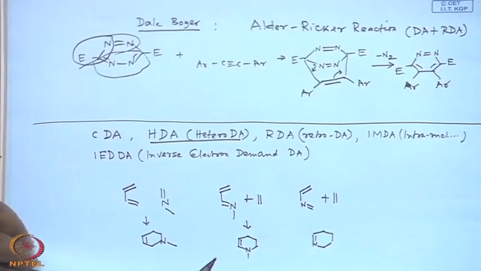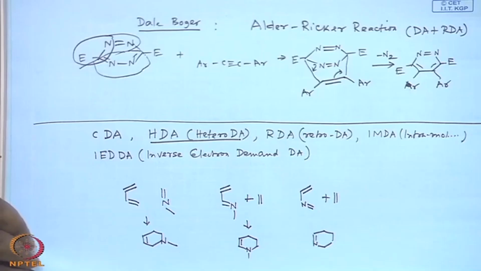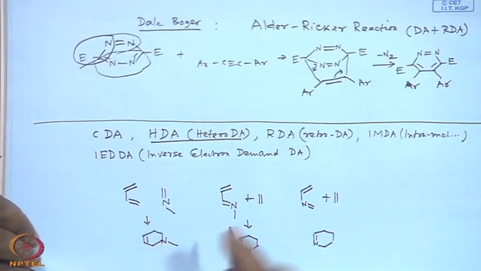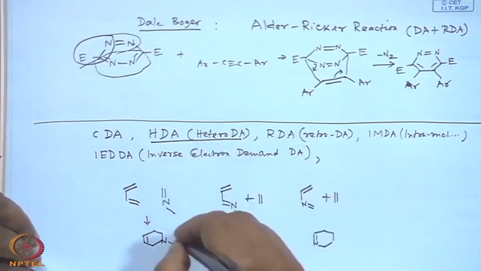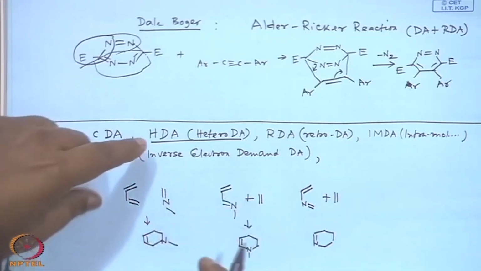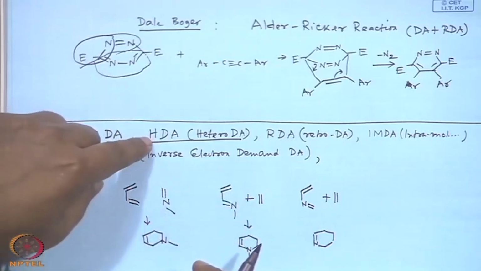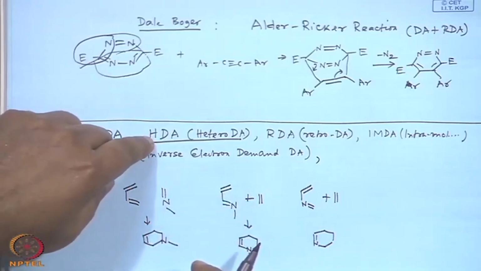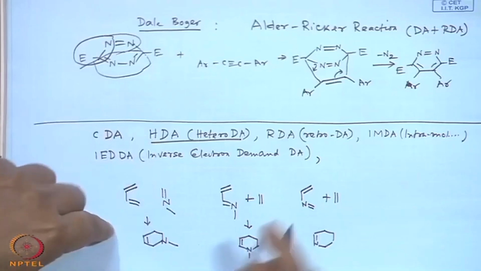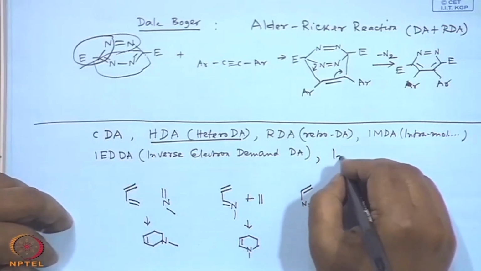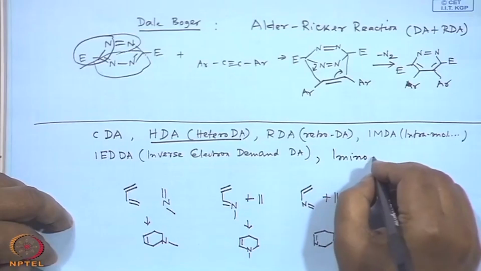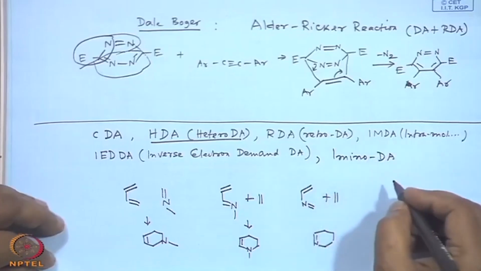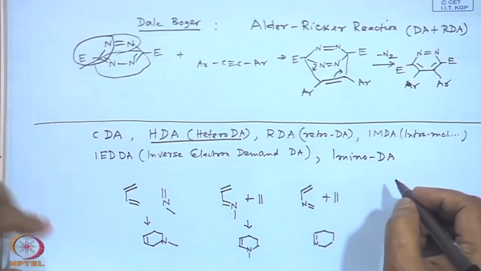Any guess what could be the problems? You have to be sufficiently knowledgeable about this chemistry. This is basically a class belonging to HDA, hetero Diels-Alder, but it has a name also, known as imino Diels-Alder. Imino Diels-Alder means, you guess, the Schiff's base.